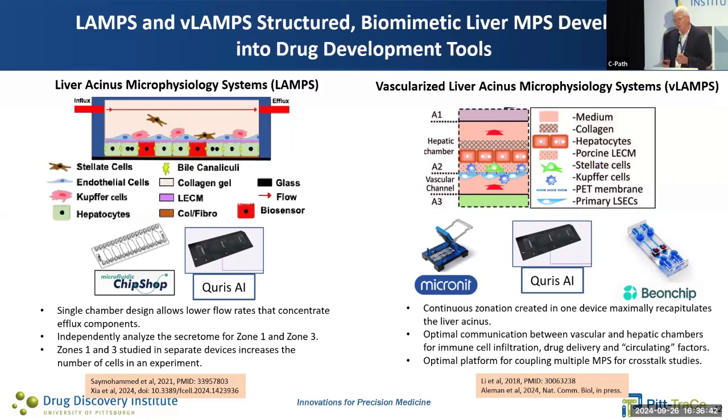Now, I'd like to point out that we are qualifying the biomimetic part, which is the biology of the model, independent of the individual device. And we are testing a number of different devices for these models to avoid any potential supply issues down the road.